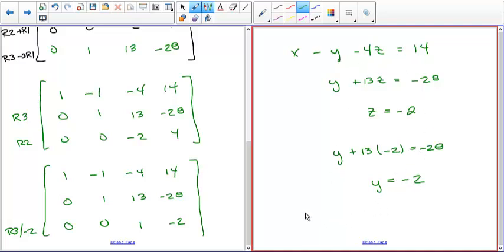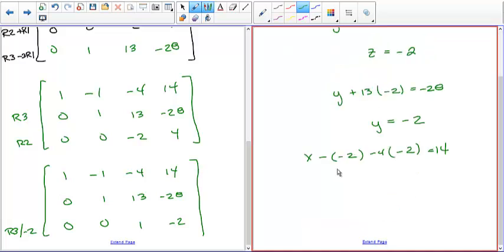So I have x minus y, which is negative 2, minus 4 times z, which is negative 2, and that equals 14. So I've got x plus 2 plus 8 plus 10 is equal to 14. Subtract 10 from both sides, I get x equals 4.